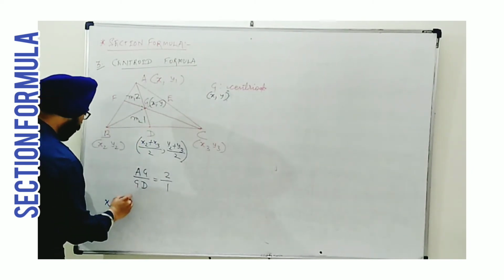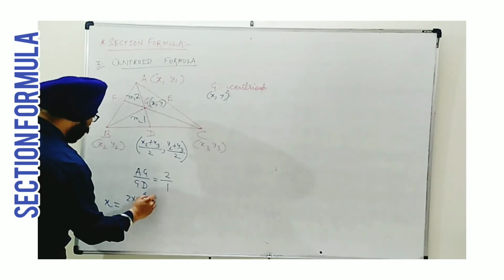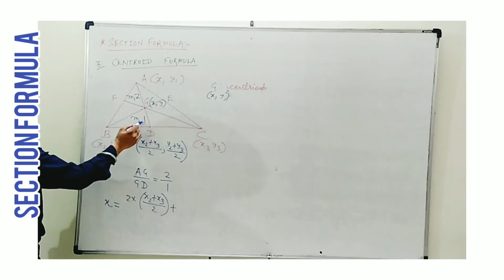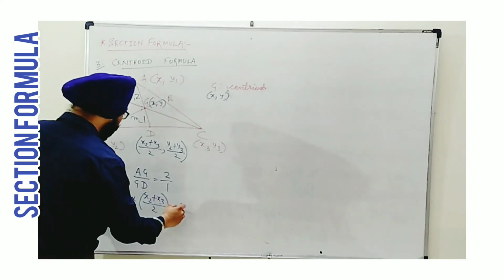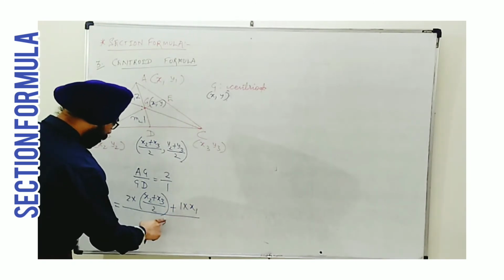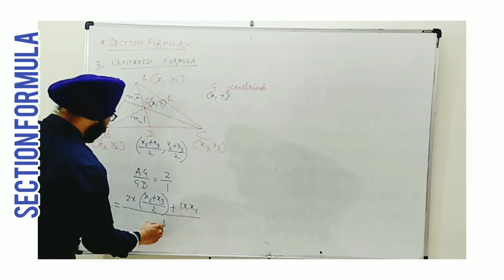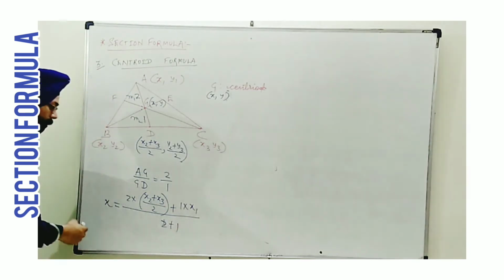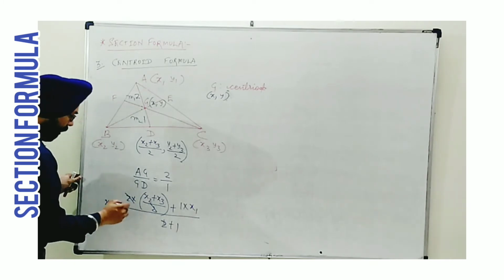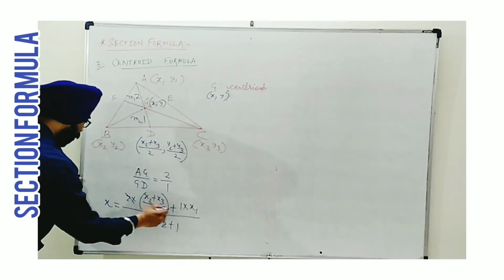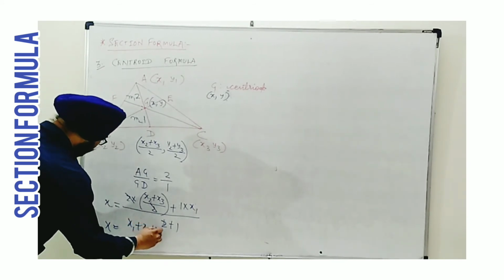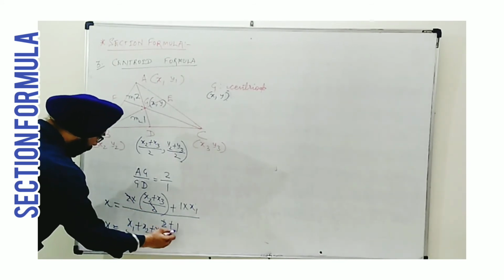So 2 into (x2 plus x3) upon 2, plus 1 multiplied to the abscissa on that side, so 1 into x1, upon the sum of 2 and 1. These two 2s cancel out. We are left with x equal to x1, x2, x3 as it is after cancellation of 2, and 2 plus 1 we write as 3.